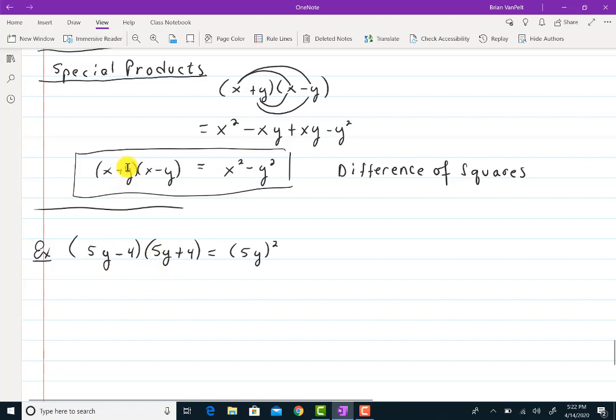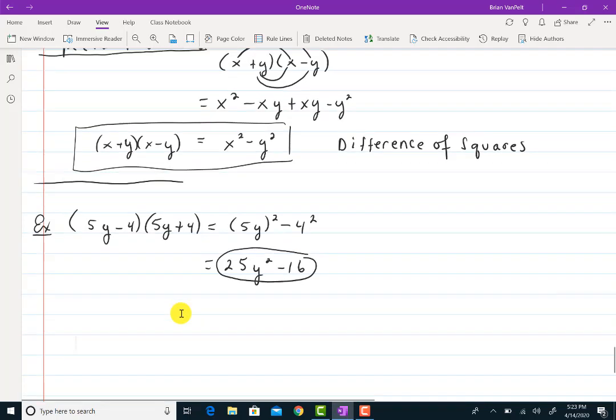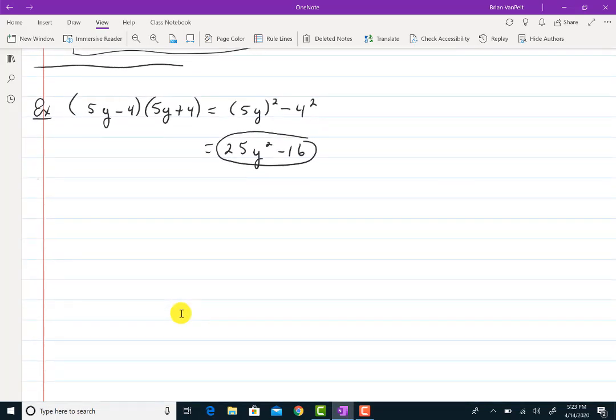My second part here is played by the 4. So I'm going to get minus 4 squared. So I have 25y squared minus 16. So it can make things a little bit faster. Once again, if it's something that you're comfortable with and something that you're used to, you can really save yourself a lot of time with these rules.